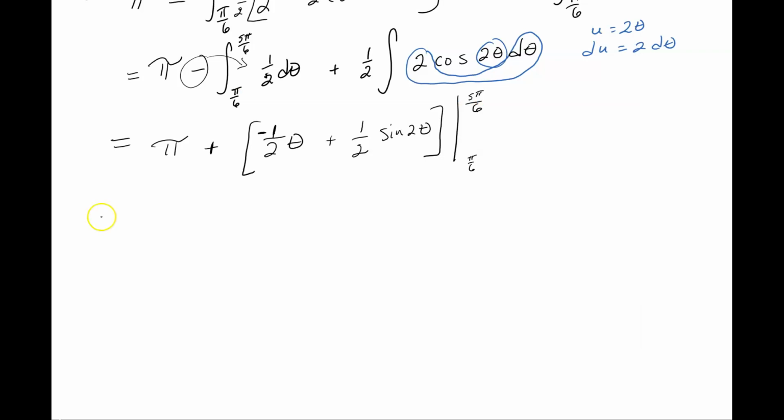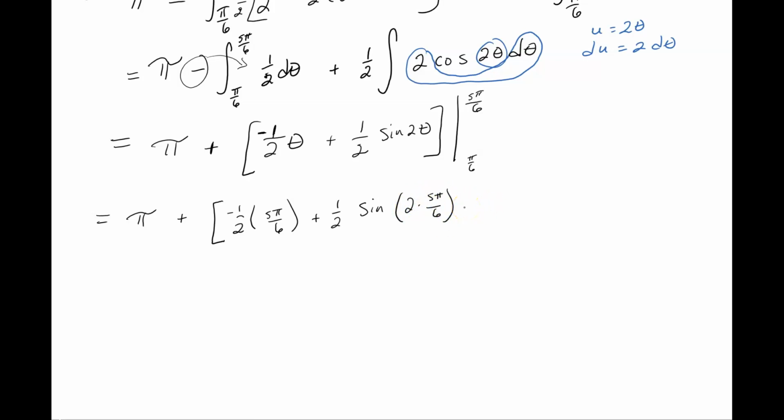All right, so let's see here. We have pi, plus a negative 1/2 multiplied by 5 pi over 6. Okay, so we have that there. And then we are going to add 1/2 sine of 2 times 5 pi over 6.